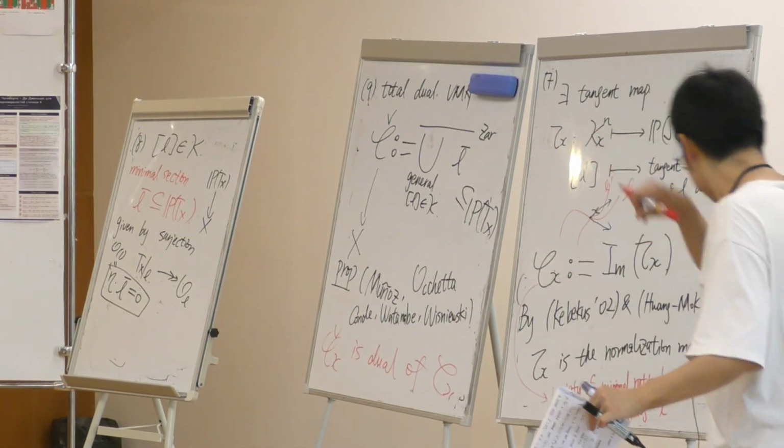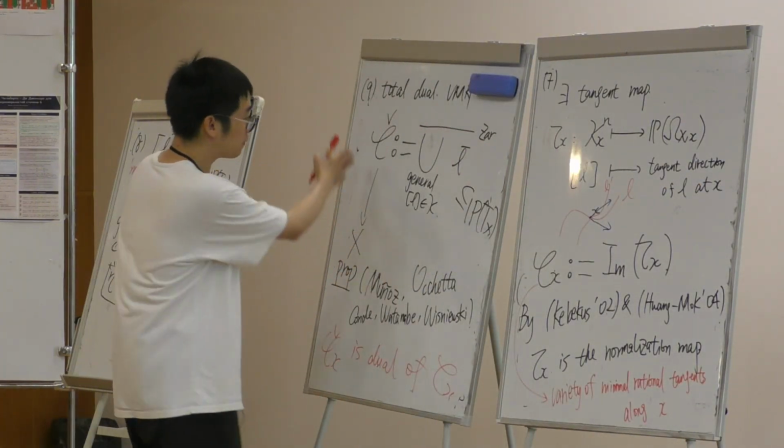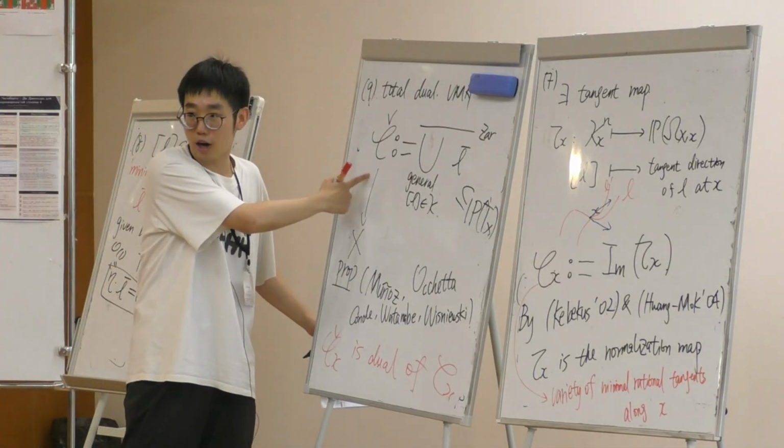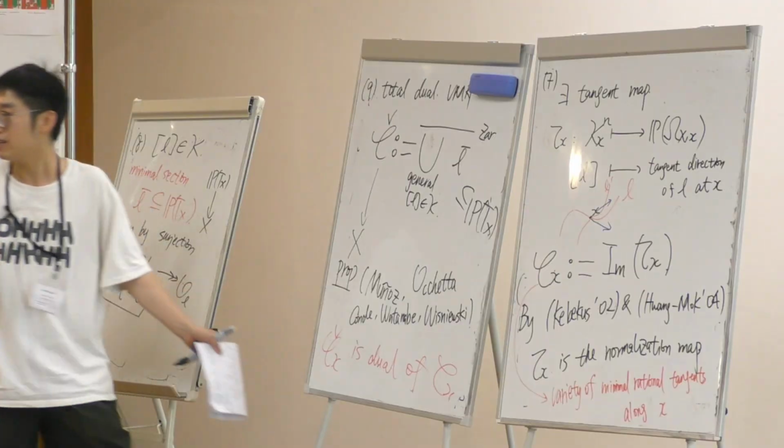And hence, if Cx is not dual defective, this means C check X is a hypersurface. So for a general element, this fiber is a hypersurface, which means C check X itself is a prime divisor inside PTX.